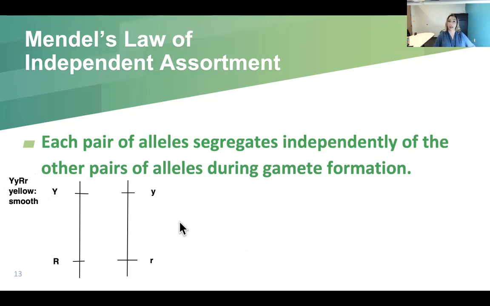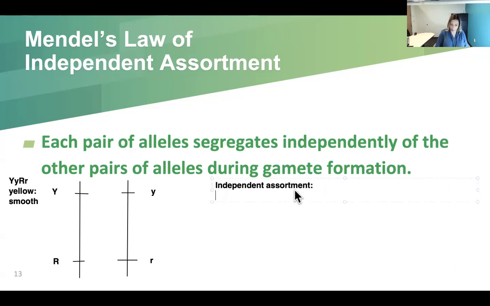So the law of independent assortment means that crossing over can occur between the location of the seed color gene and the location of the seed texture gene. So let me write that down for you, and then I will show you what I mean here. So independent assortment.